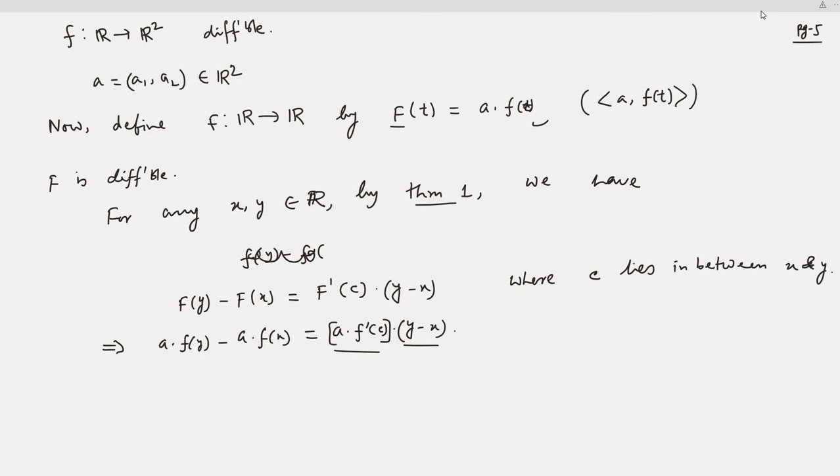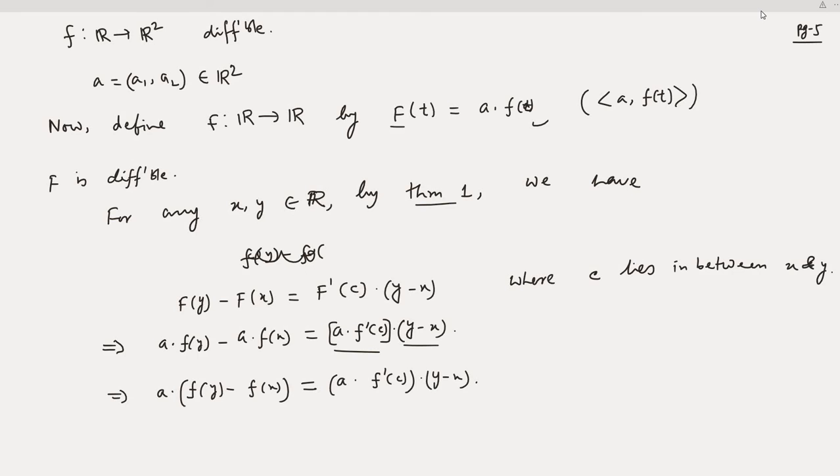This implies a dot product with f of y minus f of x is equal to a dot product with f prime of c times y minus x. So this is a statement similar to the mean value theorem.